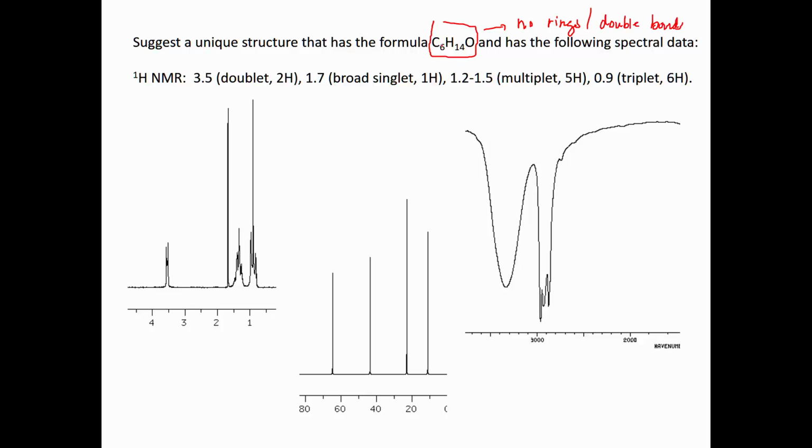This is because if we look at the relationship here, CnH2n plus 2, 14 is the maximum number of hydrogens per carbon that you can have when you have 6 carbons. Okay, so this is a perfectly saturated compound. So we're not going to look for any compound that has any sort of unsaturation in it. All right, it's a saturated compound with an oxygen.